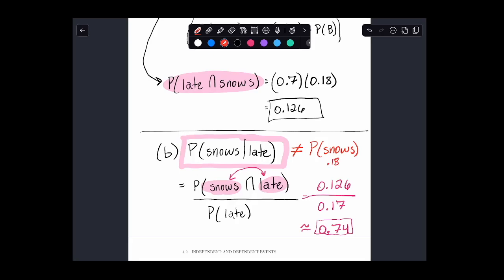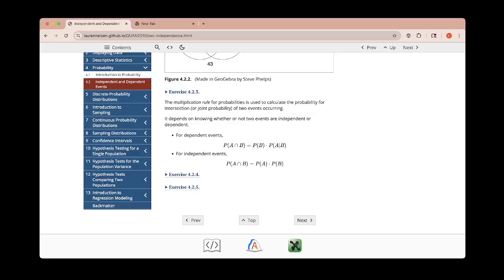And so this is just another way to see that these are not independent events. And there are some situations where knowing if the events are independent or not can actually make it easier to calculate probabilities of intersections.